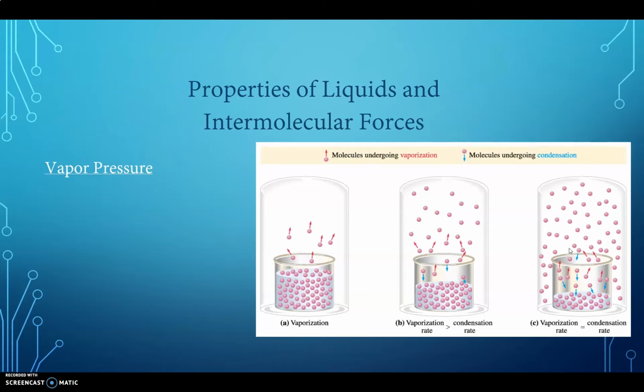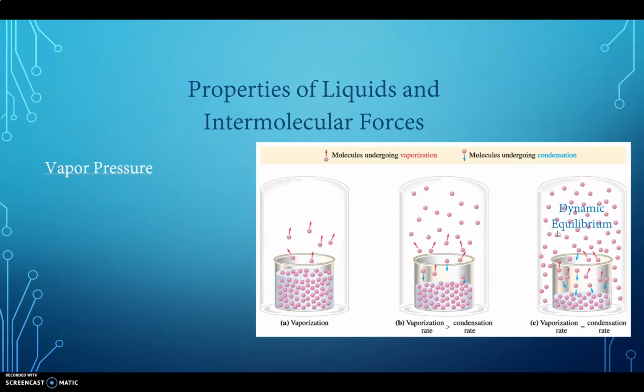Eventually, we get to a point where there's so many molecules of the liquid vapor in the air that they're now condensing just as fast as they're vaporizing. So we get to a point where for every molecule that leaves, another molecule returns to the liquid, and we've reached a state which is known as dynamic equilibrium.